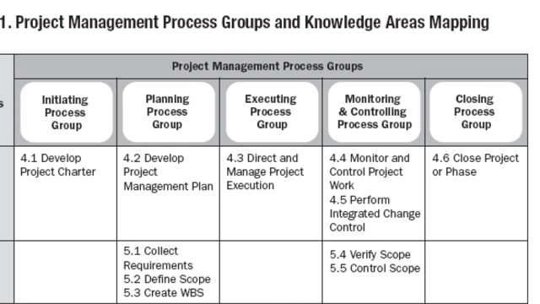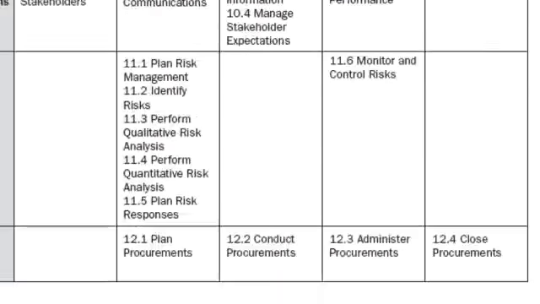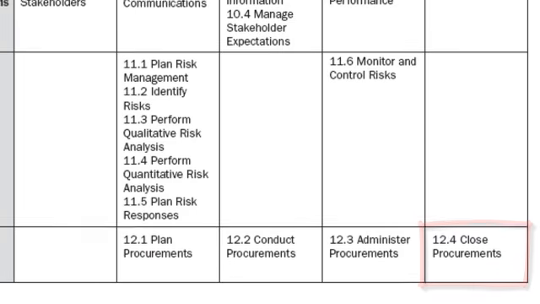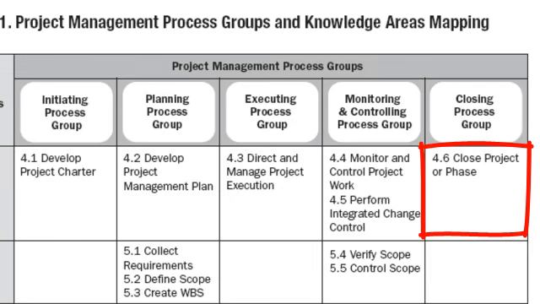Therefore, looking at the closing process group, the sequence would be 12.4, close procurements on the bottom, and then it'll move on to 4.6, close project or phase. So you do need to know how these processes take place in what sequence.